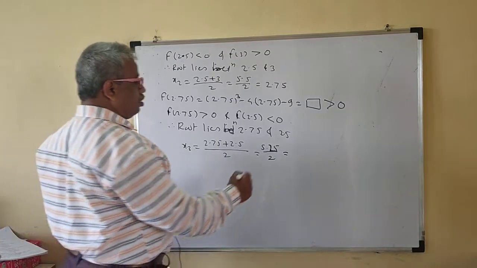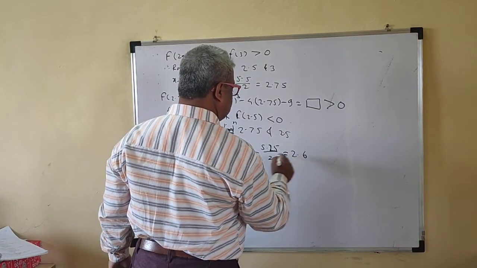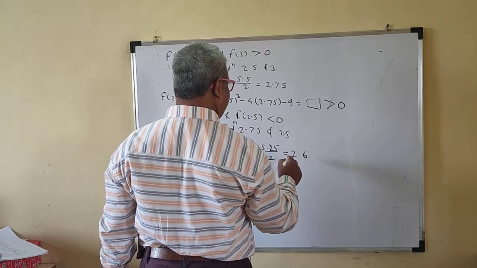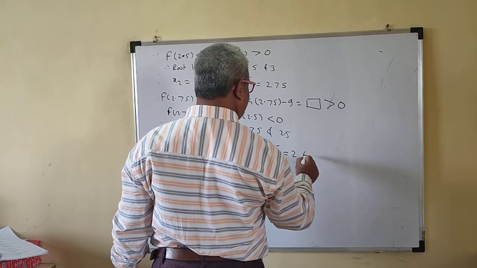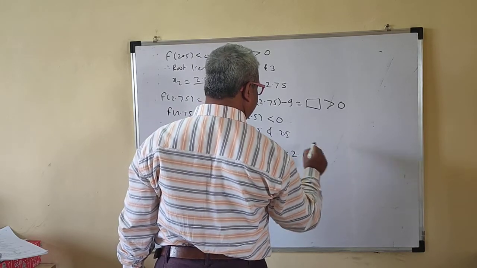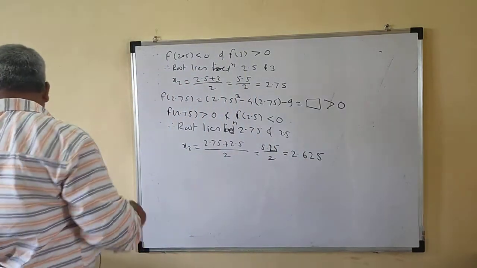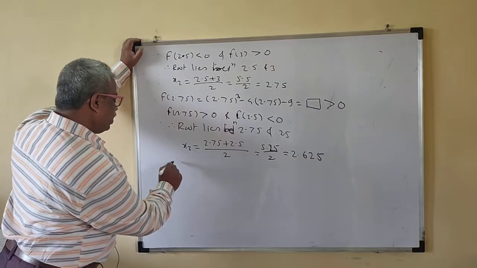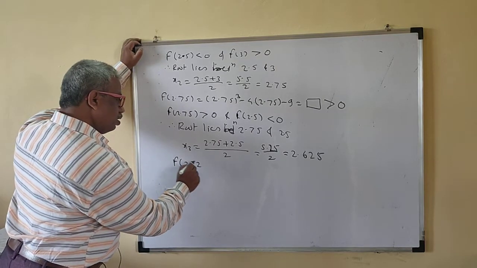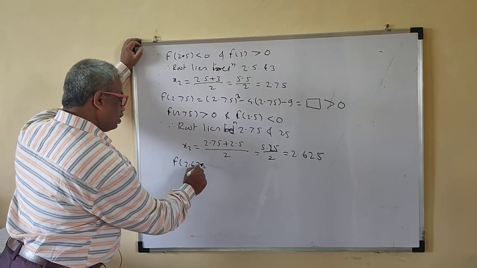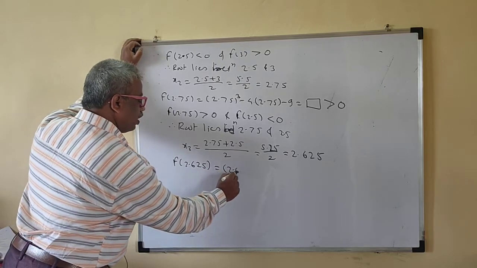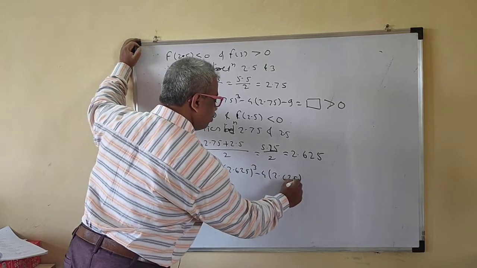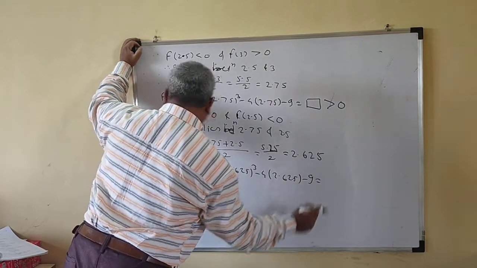So this is 2.625. Okay, we'll find the value of f of 2.625, which is 2.625 cube minus 4 into 2.625 minus 9.